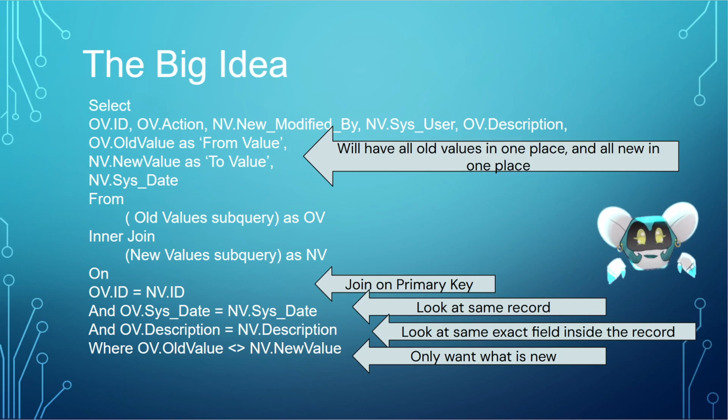So we're going to have our primary key, our action for the update, insert, delete note, the date and time, one column for old values, one column for new values. And at the bottom, it shows you the join, how it understands what column from what record to pull from. And we also want to look at just what changed to help filter out extra noise.